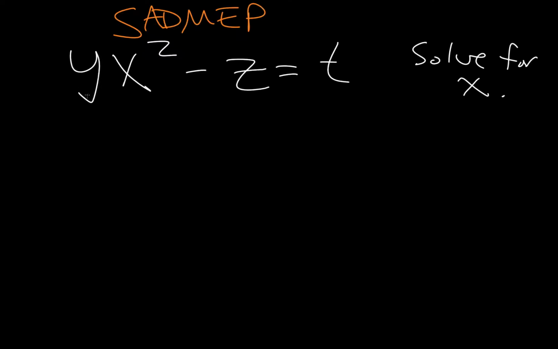Identifying these, the y would be multiplying by x, the 2 would be an exponent, and the z would be subtraction. So when we look up here, subtraction's first, we undo the subtraction by adding.